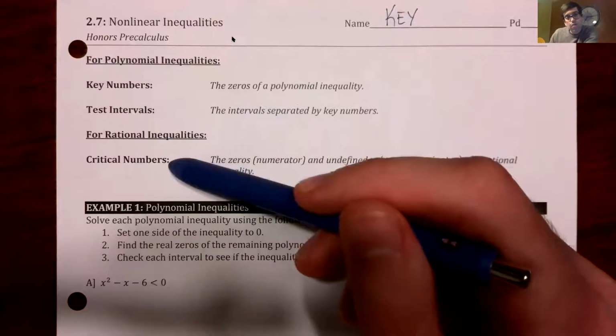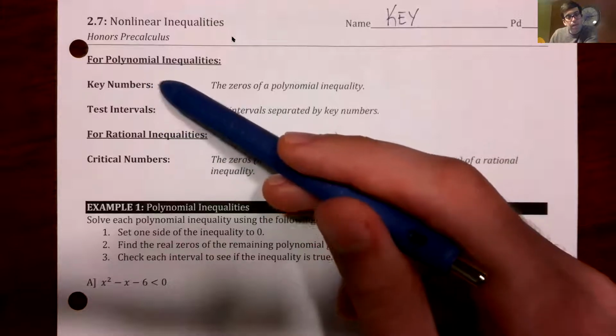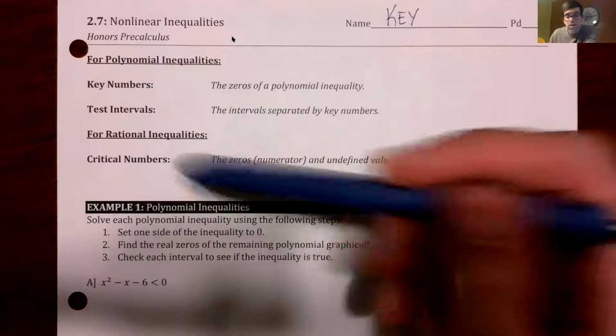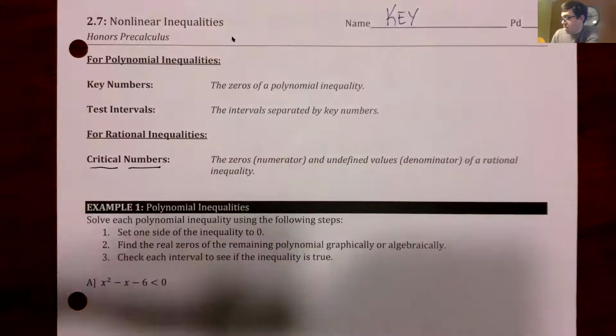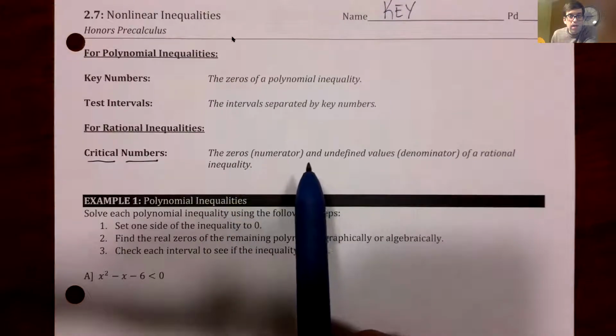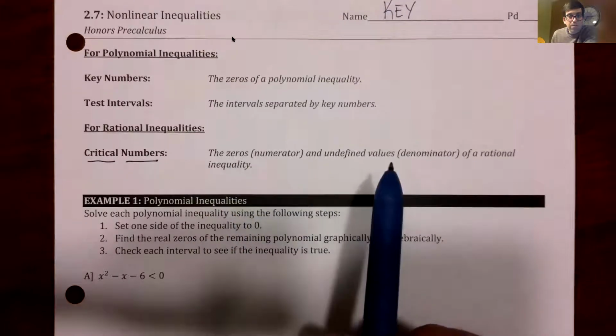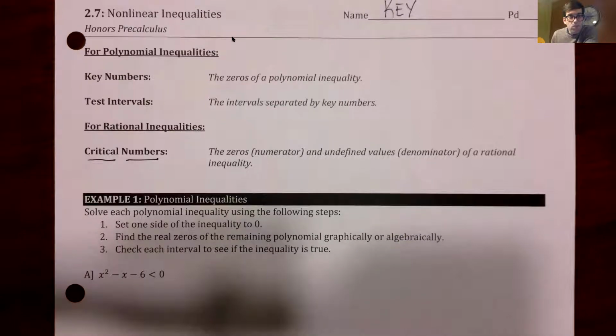Those terms are somewhat interchangeable, and you're never going to need to know what is a key number versus what is a critical number. The more common term, especially when you get to calculus, is going to be the idea of a critical number, which is a 0 or an undefined value in an inequality. So that's going to be important for us.